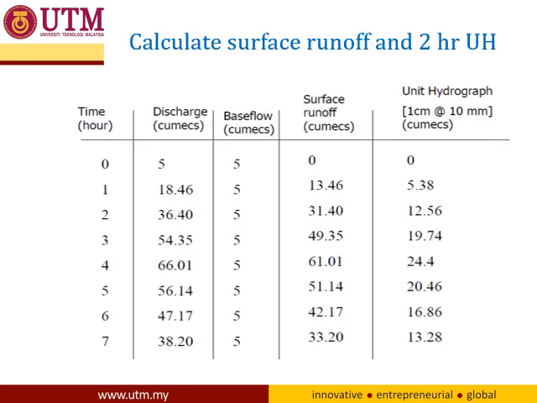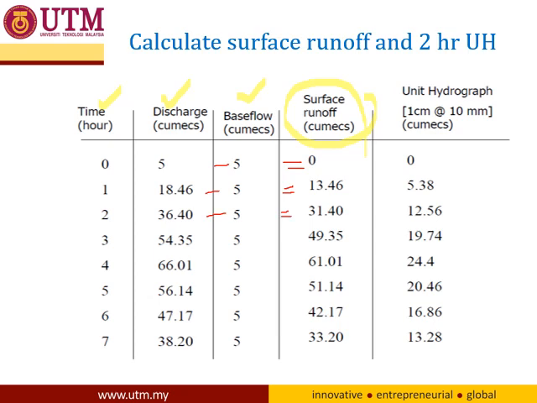This table shows you the time, the observed discharge, the base flow, and what you estimate is the surface runoff. This surface runoff is the discharge minus the base flow. 5 minus 5 equals 0. 18.46 minus 5 equals 13.46. 36.4 minus 5 equals 31.4.